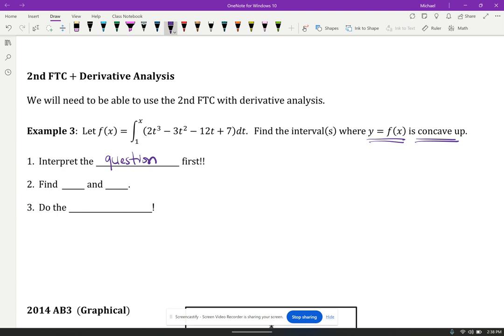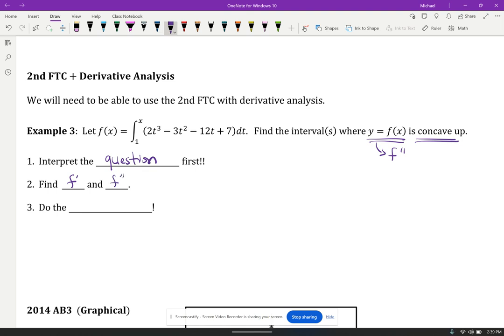They see concave up and they know, oh, I have to take 2 derivatives and then I'm done. Kind of, but be careful. We're looking for the concavity, specifically concave up, of f of x. So that means that we're going to need to find the second derivative of f, because concavity is related to the second derivative. So step 2 here is I need to find f prime and I need to find f double prime.